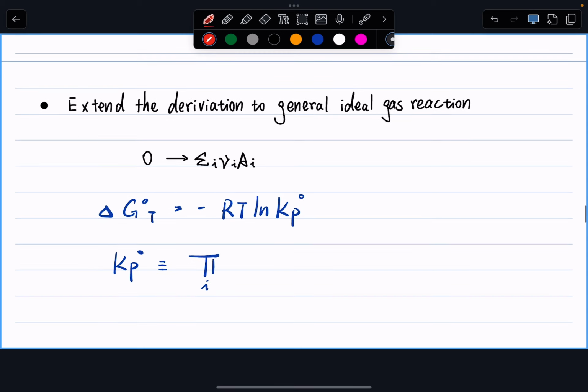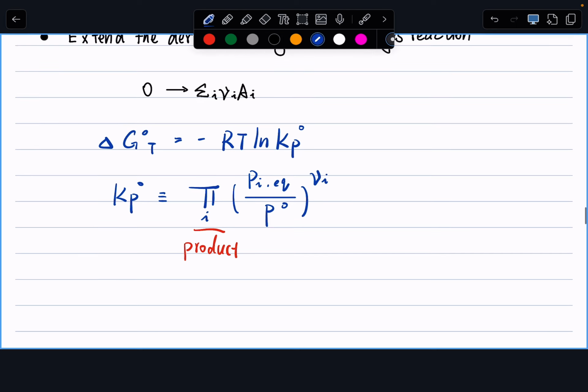This tells you it's just a product of everything after it, of your partial pressure of species i at equilibrium over the standard pressure P naught, which is 1 bar, to the power of your stoichiometric coefficient. So if it's a reactant, it will be on the bottom. If it's a product, it's going to be on the top. And again, the symbol just means product, so the product of Ai just equals A1 times A2 all the way to An.